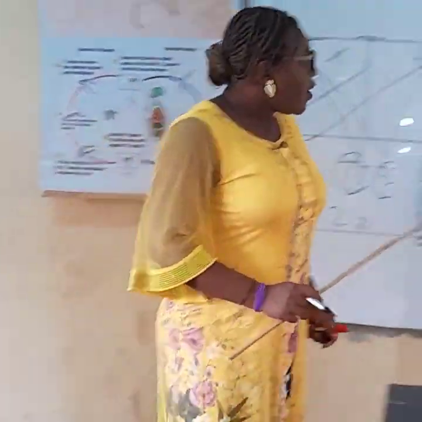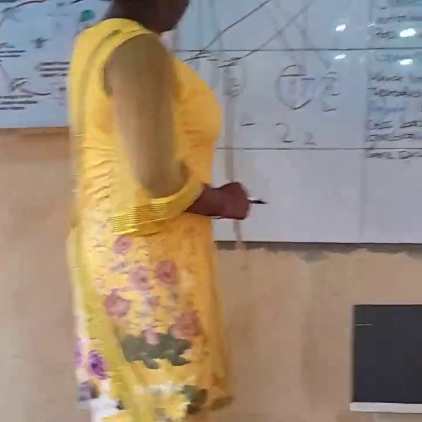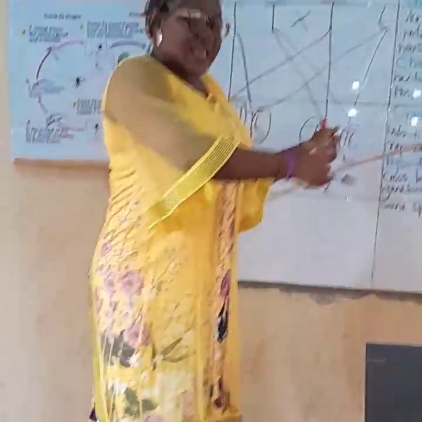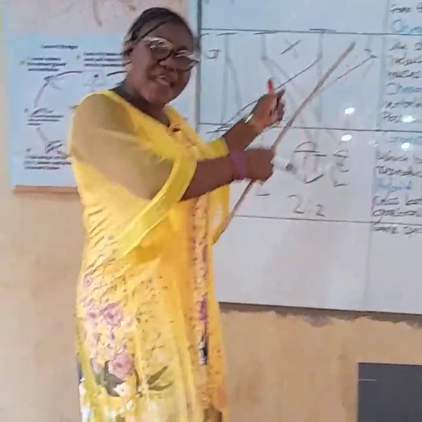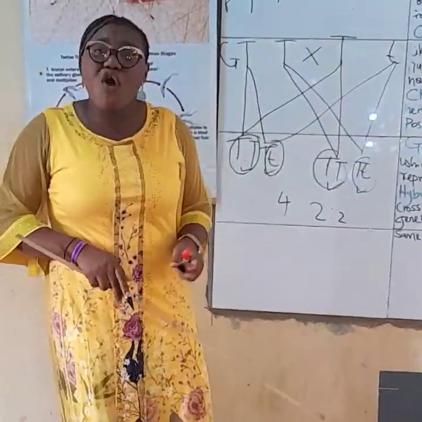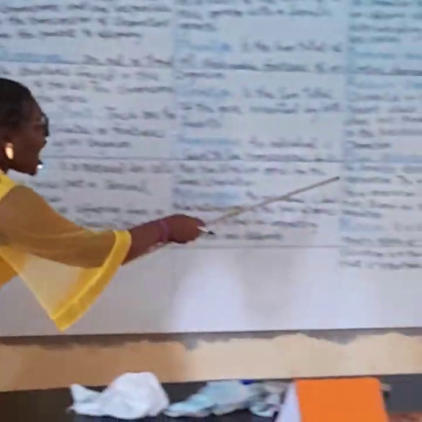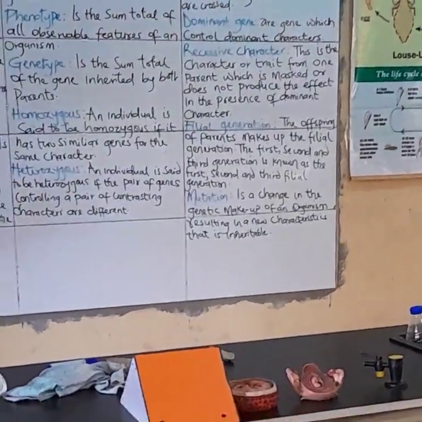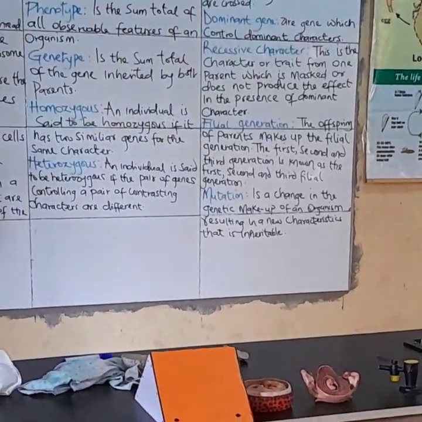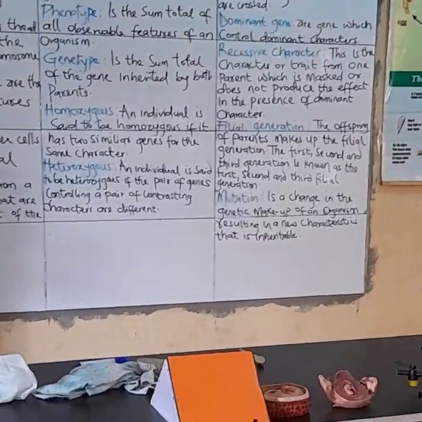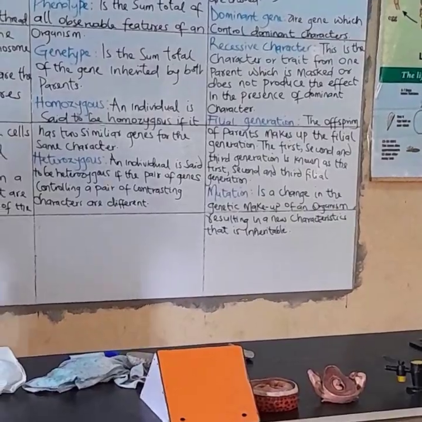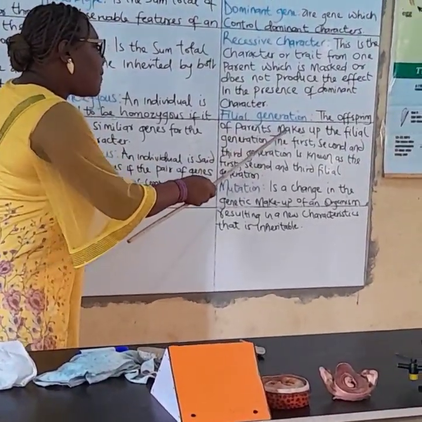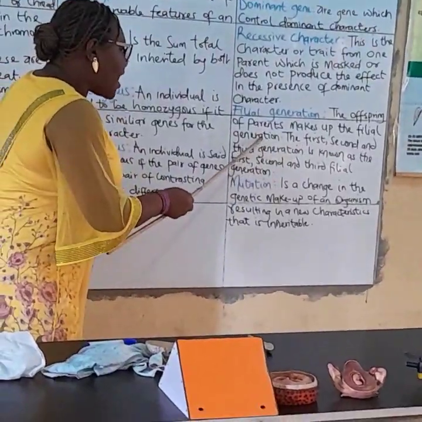So now we move over to this. From this one, we see that the first offspring after crossing is what we call the filial generation. The first offspring after crossing is what we call what? Filial generation. And that is how we define filial generation: the offspring of parents make up the filial generation.